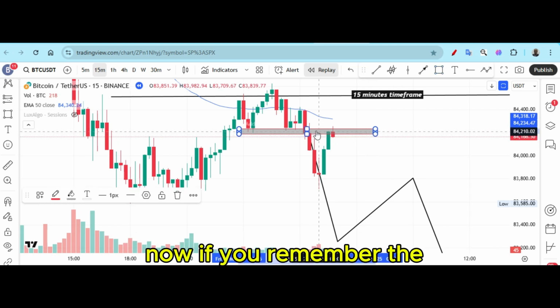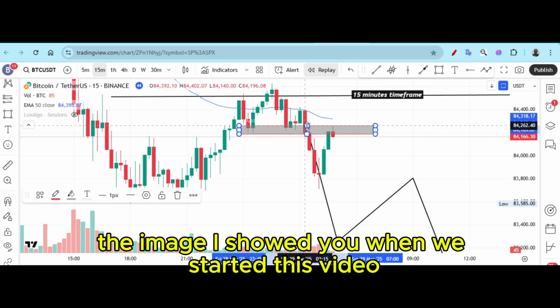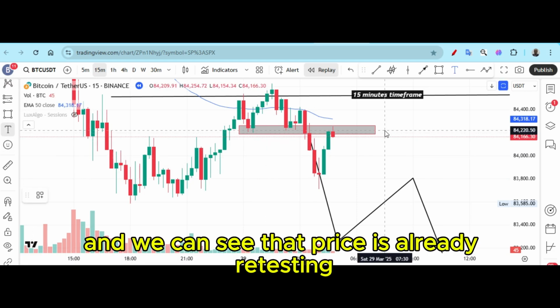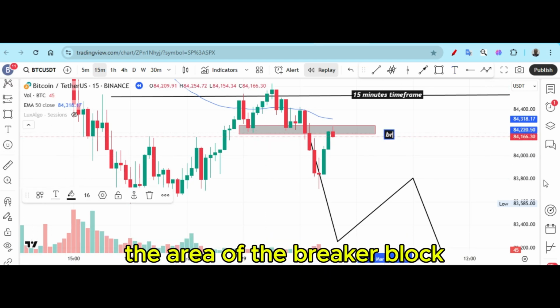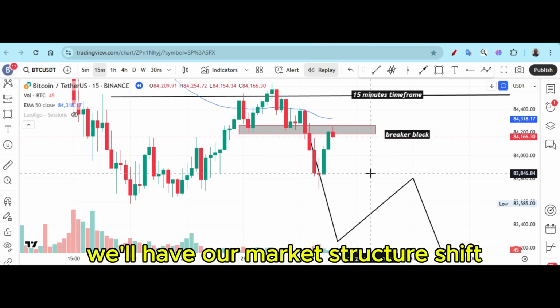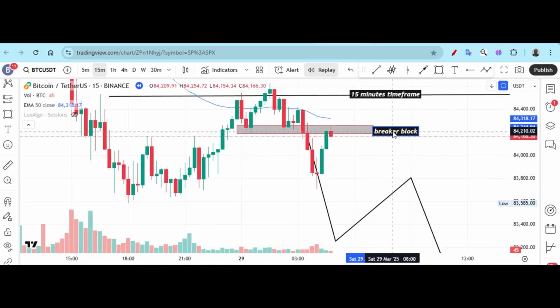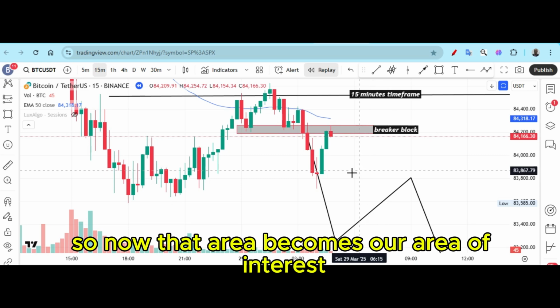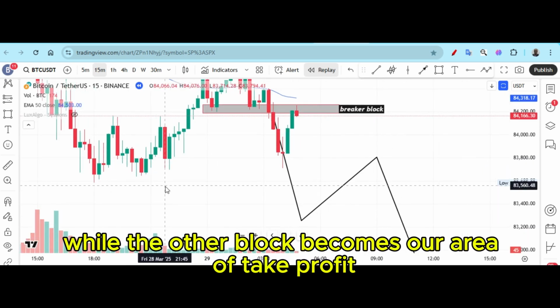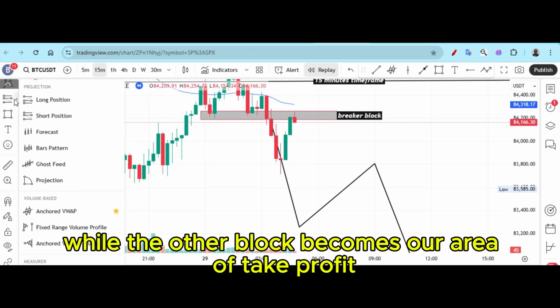Now, if you remember the image I showed you when we started this video, so now we have the breakdown, and we can see that price is already retesting the area of the breaker block. So price is already retesting the area where we said we'll have our market structure shift. So now that area becomes our area of interest, while the other block becomes our area of take profit.